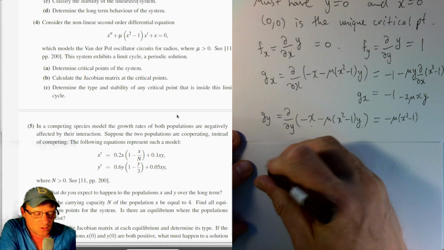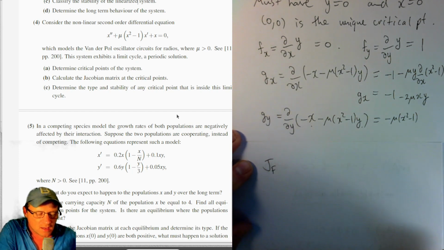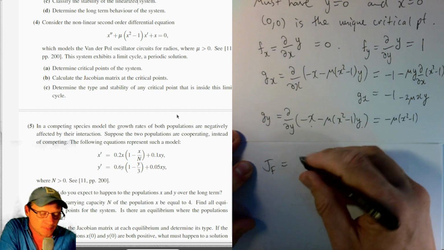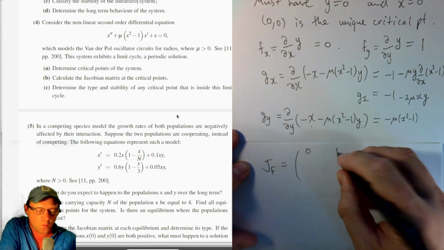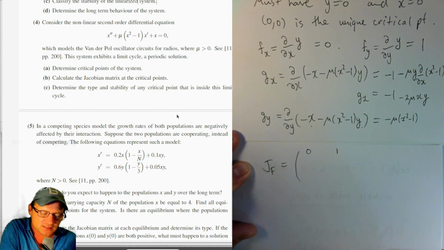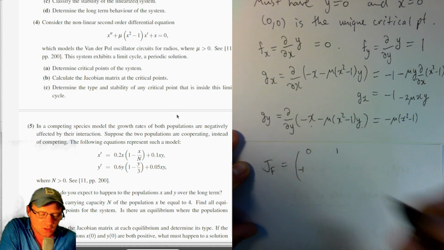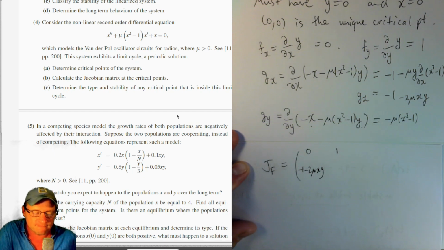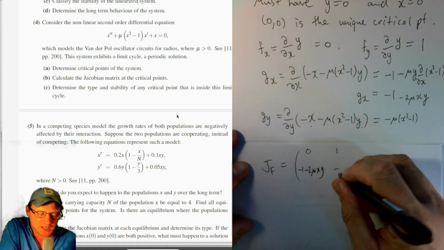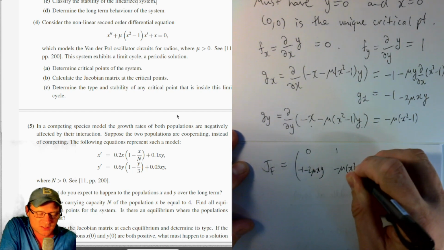All right, so J F equals Fx 0, Fy 1, Gx minus 1 minus 2 mu xy, and Gy is minus mu x squared minus 1.